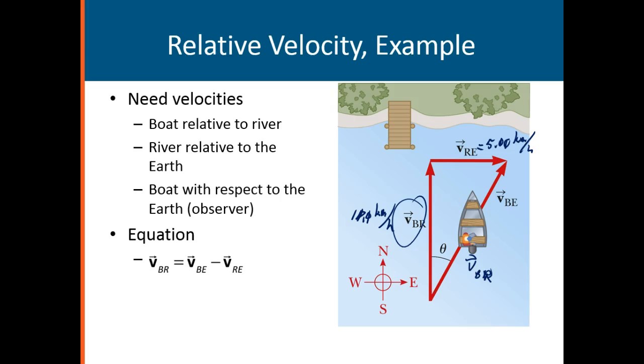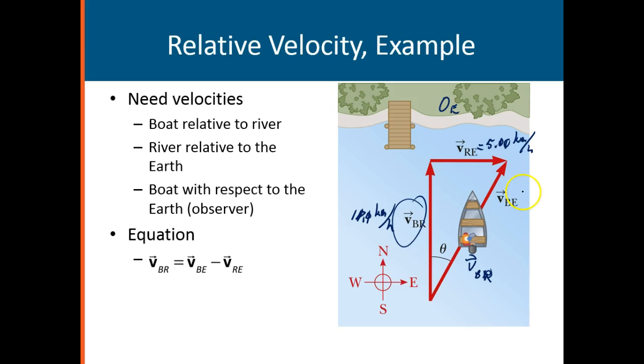Determine the magnitude and direction of the boat's velocity with respect to an observer on the riverbank. So here's your observer here, and he or she is relative to Earth. Also, he's standing on the riverbank, which is Earth. And you want the velocity of the boat relative to the Earth.